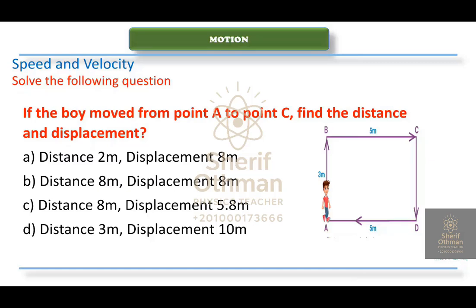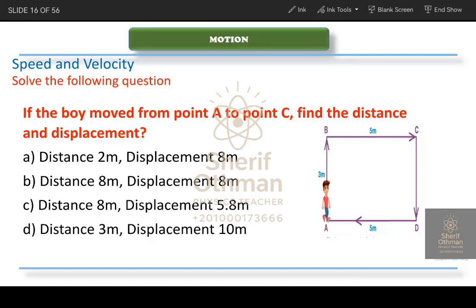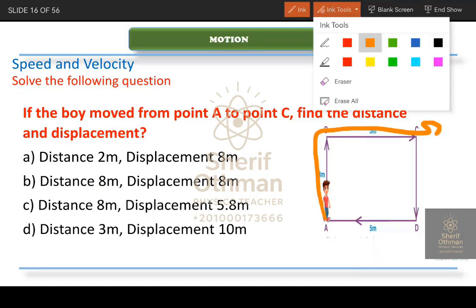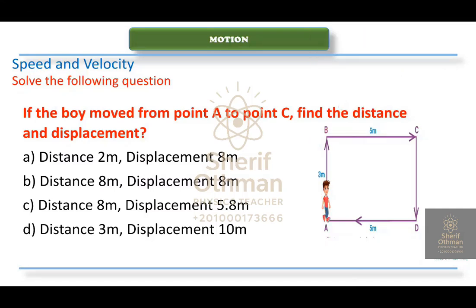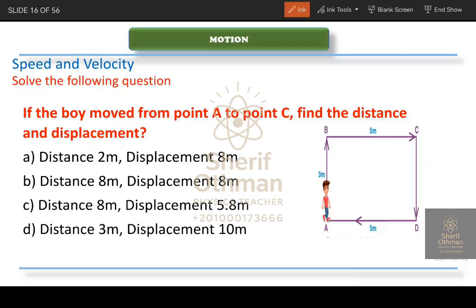From point A to point C, the distance will be this path, which is 3 and 5, so it will be 8. So the distance will be 8.